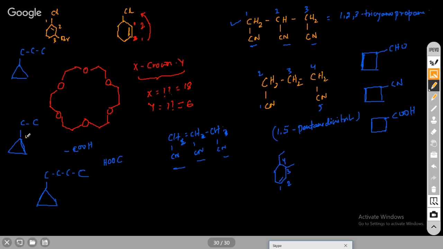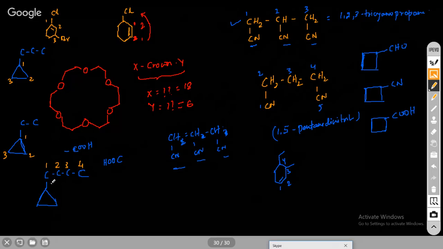So the parent chain is this ring here, 1, 2, 3. So ethyl cyclopropane, correct? This will again have the ring as the parent chain, so it is propyl cyclopropane, correct? Here the parent chain will be the substituent because it contains more carbon atoms.